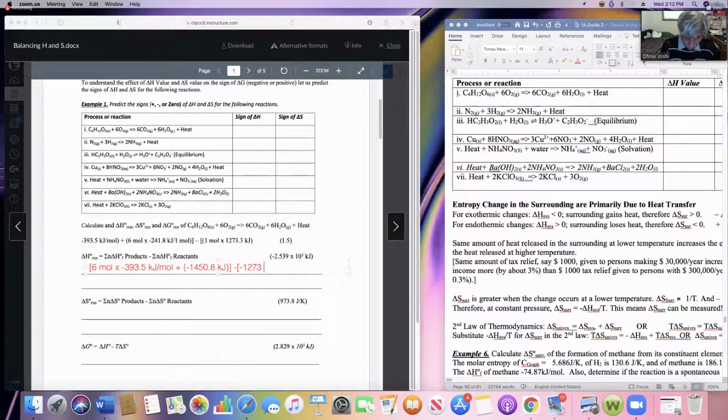It is just 1 mole, so I don't need to say joules per mole or kilojoules per mole or anything like that. Now, what is the heat of formation of oxygen, 6 mole of oxygen? Can anybody tell me that? What is the heat of formation of oxygen? Yeah. 0, because it is an element in its natural state at 25 degrees Celsius. So that's 0.